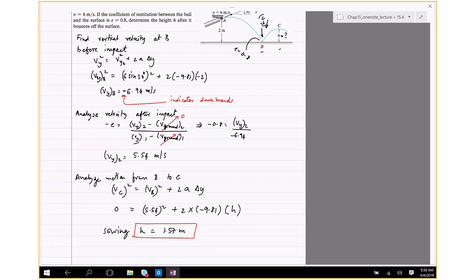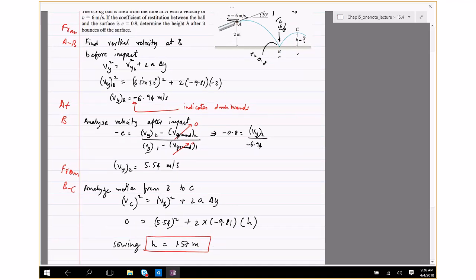Okay, so this is motion from A to B, this is motion at B, and motion from B to C. From A to B, at B, from B to C. So that's how you solve this.